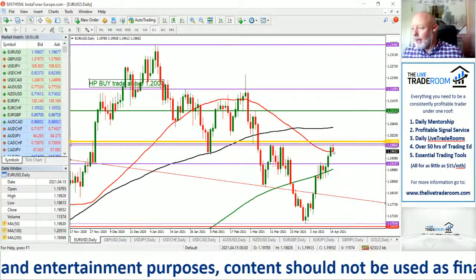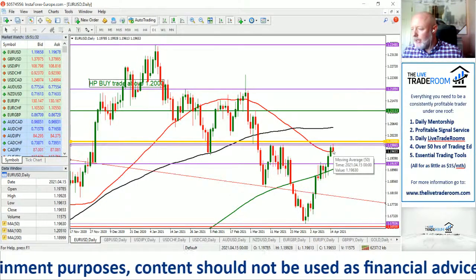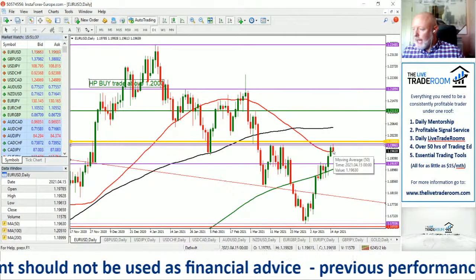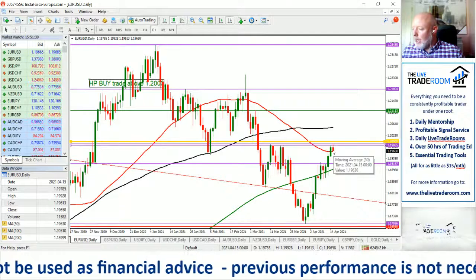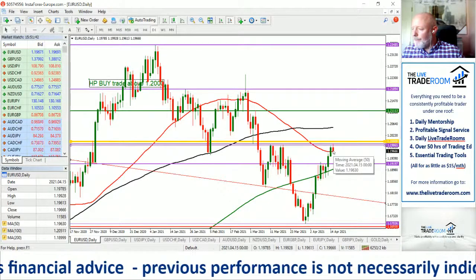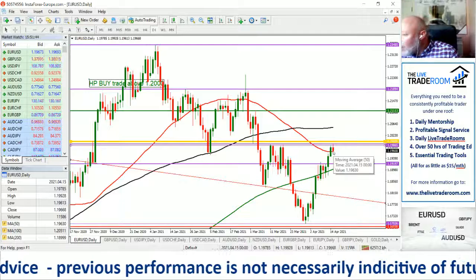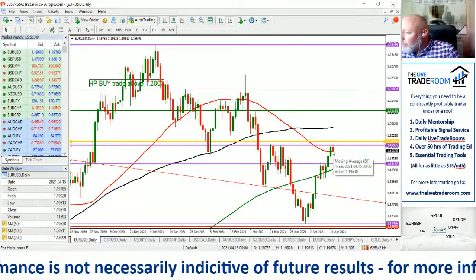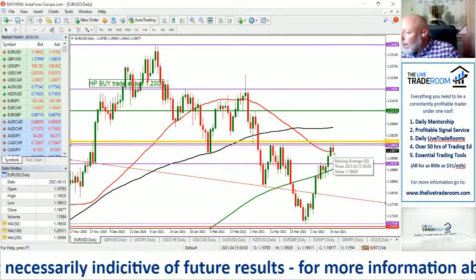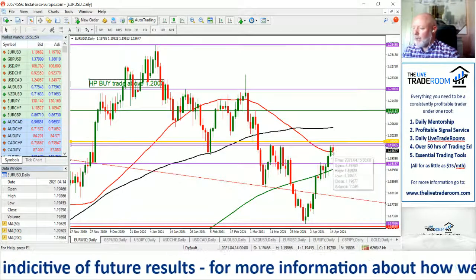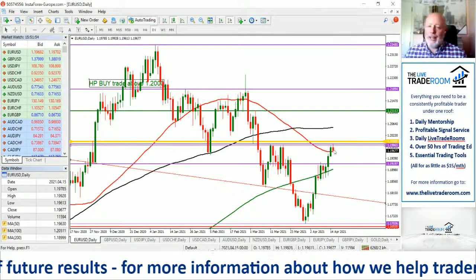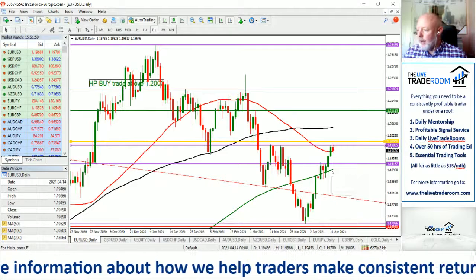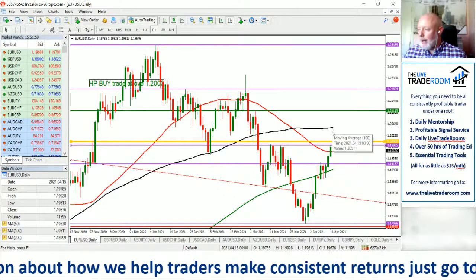And that for us at the moment is the average range over the last 50 days in the euro dollar. It's the 1963. So we're just trading above the average price over the last 50 days. It should be the other way around actually.